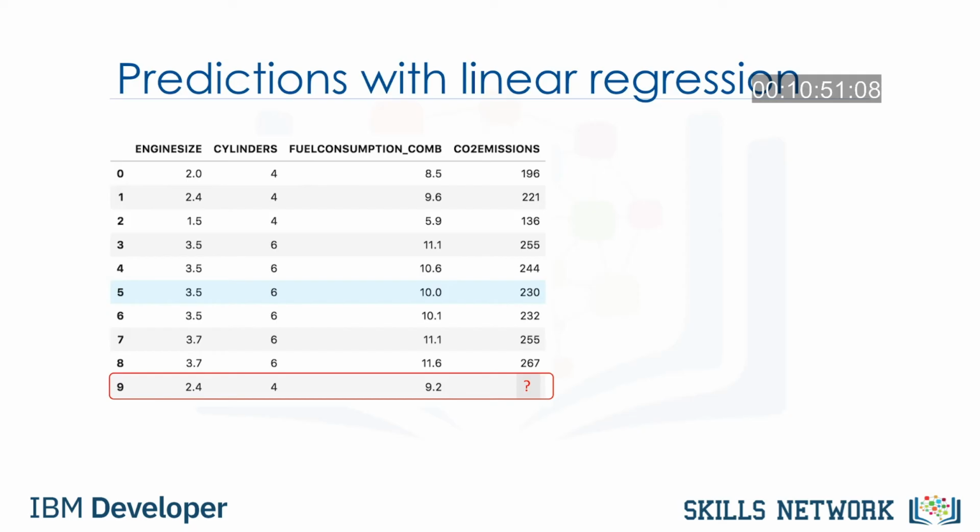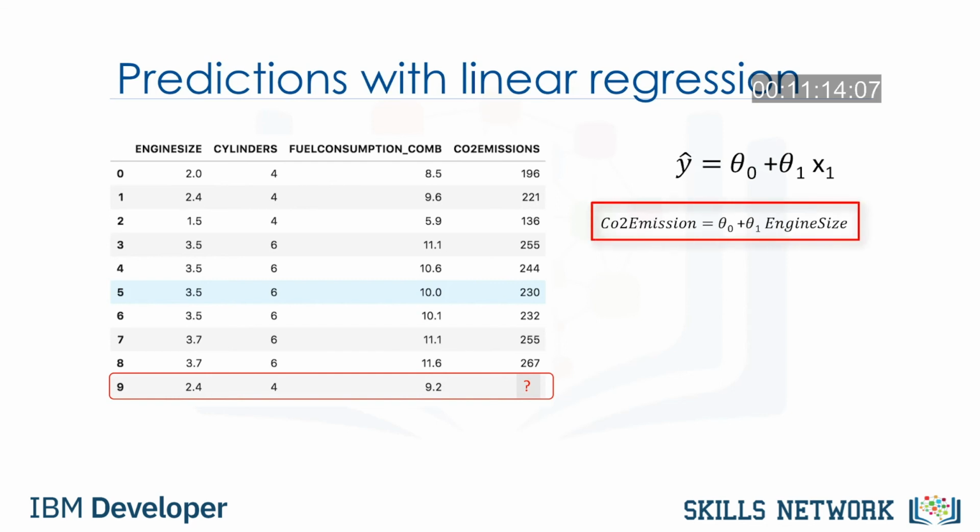Imagine we are predicting CO2 emission, or Y, from engine size, or X, for the automobile in record number 9. Our linear regression model representation for this problem would be y hat equals theta 0 plus theta 1 x1. Or, if we map it to our data set, it would be CO2 emission equals theta 0 plus theta 1 engine size.